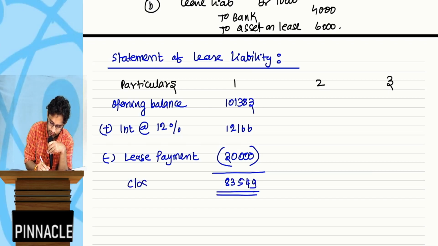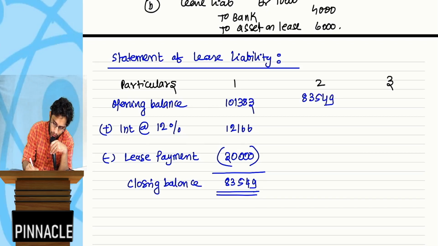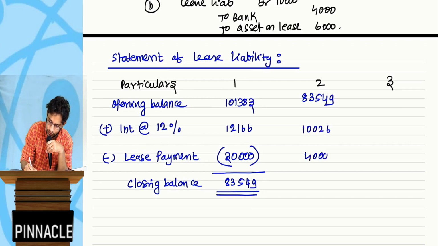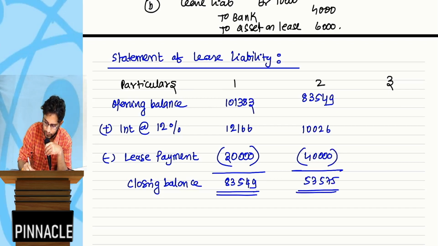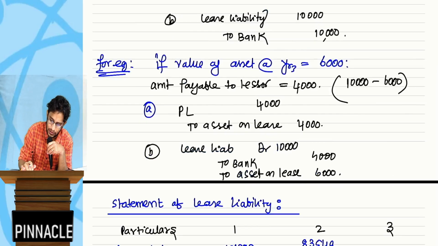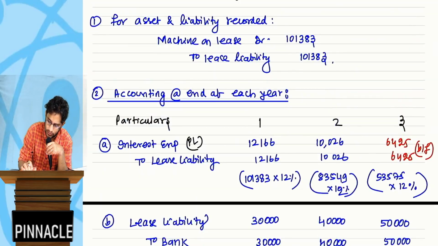This is the closing balance. Then 40,000 I will pay. 53,575. Last year interest, which is the balancing figure.